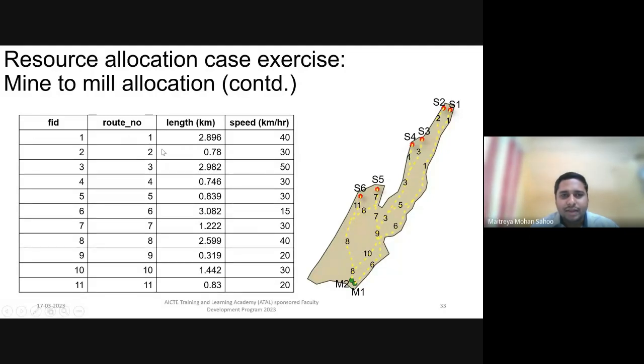So we have allocated each of the routes in terms of the route number, the length of the route expressed in kilometers, and the speed limit for each of the routes in kilometers per hour.